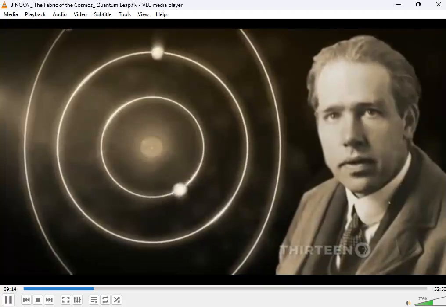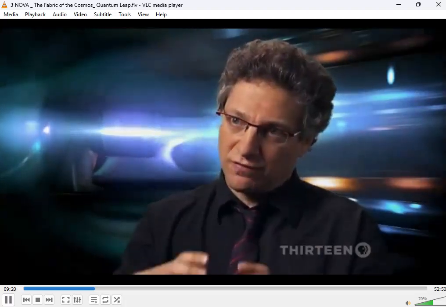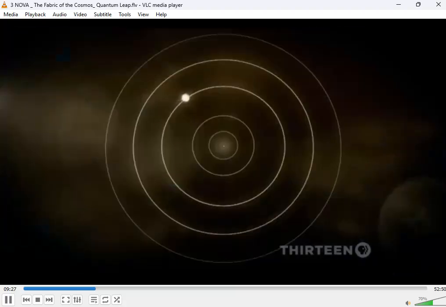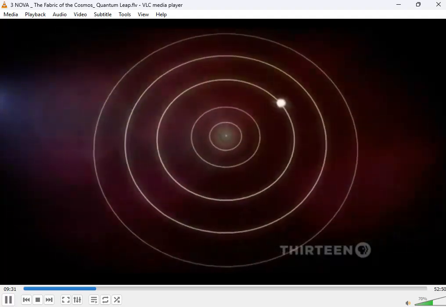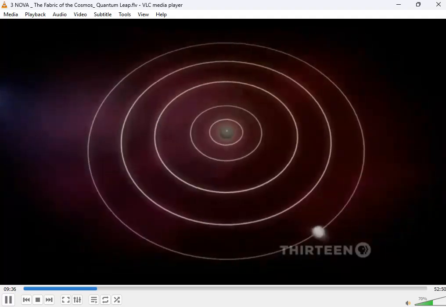And he had a really surprising and completely counter-physical idea, which was that there were definite states, fixed orbits that these electrons could have, and only those orbits. Bohr said that when an atom was heated, its electrons would become agitated and leap from one fixed orbit to another.